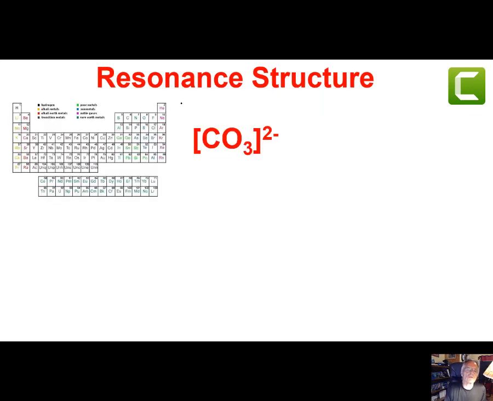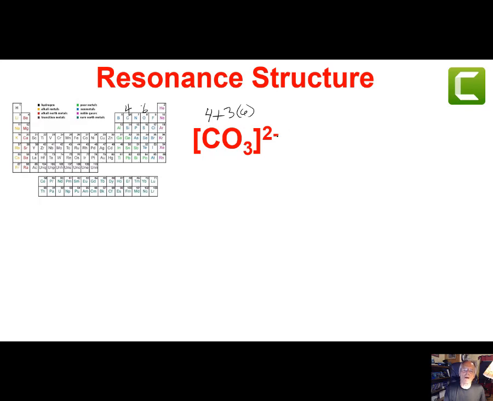All right, let's do a resonance structure for a carbonate ion, and I'll demonstrate that it is a resonance structure. So if we go to the top of the group, we know that carbon has 4 valence electrons, oxygen has 6 valence electrons, there's 3 of them. But keep in mind, there's a 2 minus charge. So this is going to be 4 plus 3 times 6.